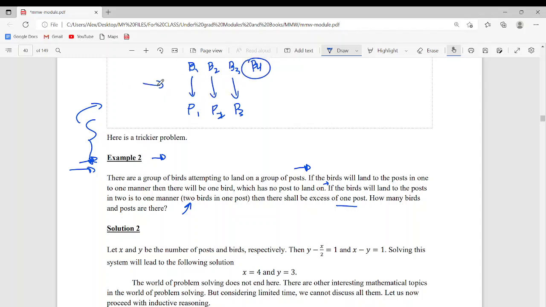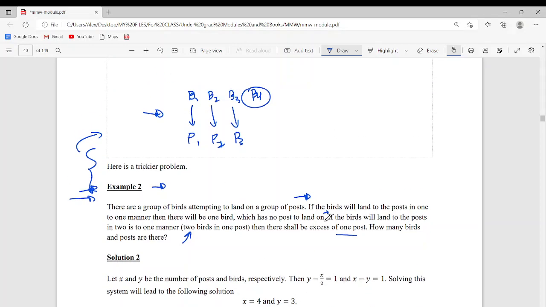I think this one is correct. We will write the system of equations later. So with B1, B2, B3 in a 1-to-1 manner, one bird is left, which represents the first condition.